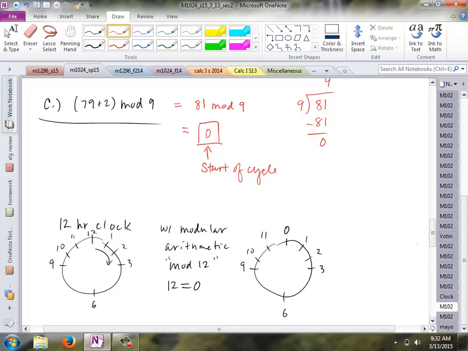We're just going to label the start and end as 0 as our convention. So if you get 0 for an answer to a modular arithmetic problem, where you are in the cycle is at the start, or it could be the end, which are the same thing on a clock, right?